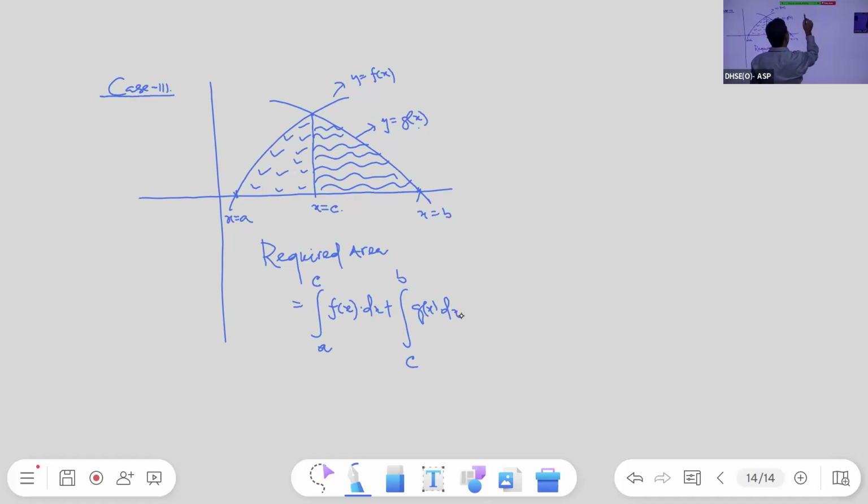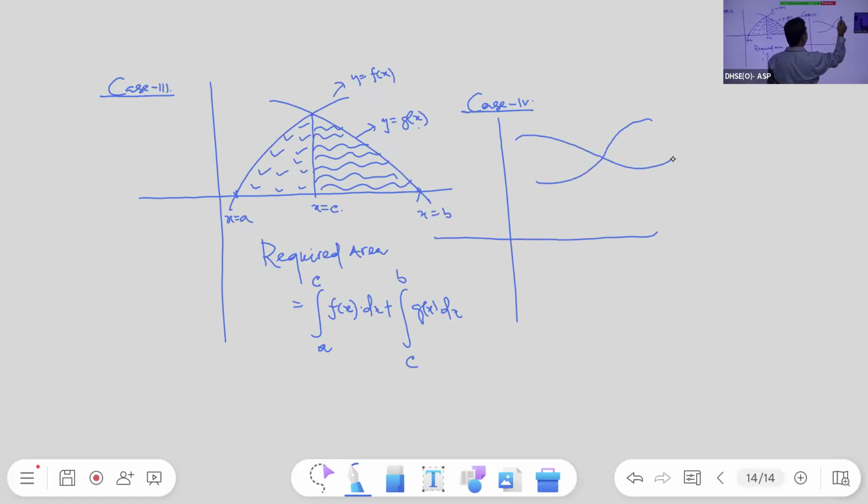Then come to case 4. So this is the curve y is equal to f of x, and this is the curve y is equal to g of x, with an ordinate at x is equal to a and another ordinate at x is equal to b. Let the x coordinate of the point of intersection of these two curves be x is equal to c.